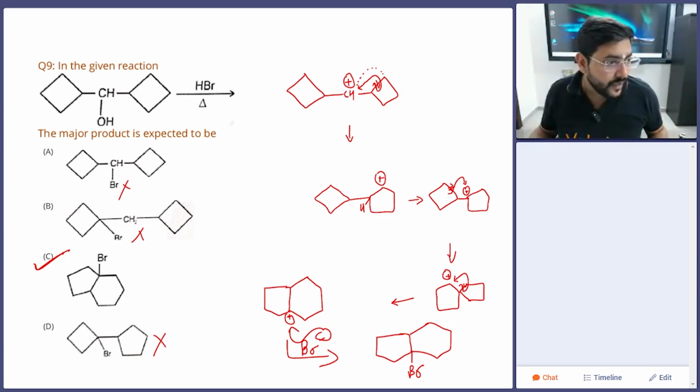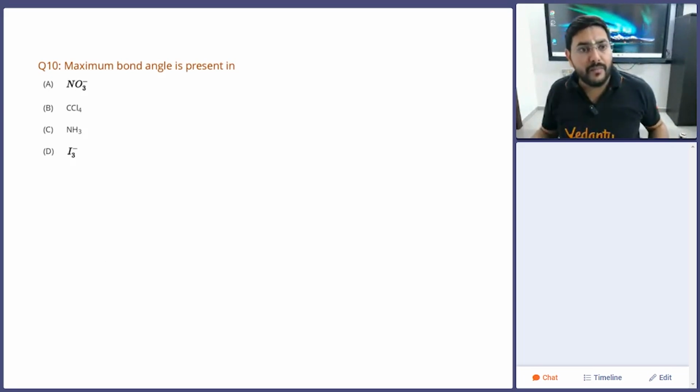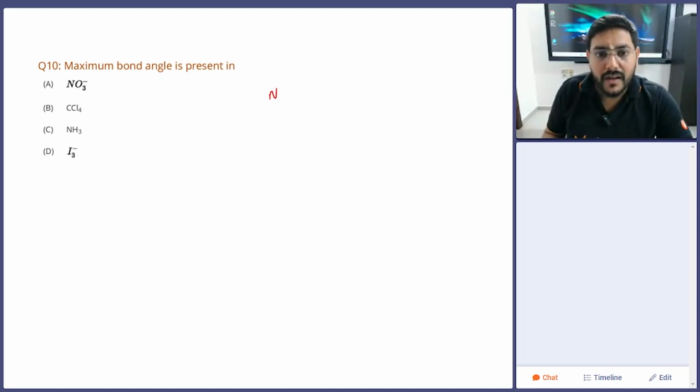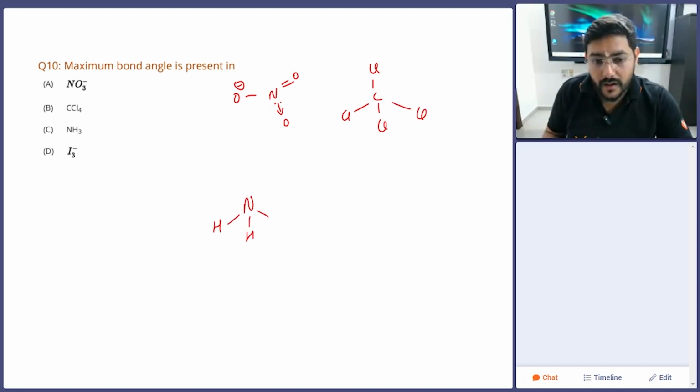Now here, next question. Maximum bond angle present in, yes everyone, it's a very simple question. Can I say that N double bond O is sp2 hybridized, yes or no? Now here CCl4 is sp3 hybridized, NH3 is sp3 hybridized with a bond angle of 107, and CCl4 has a bond angle of 109.5, the other 120, and here the bond angle of 107.5, and I3 minus.